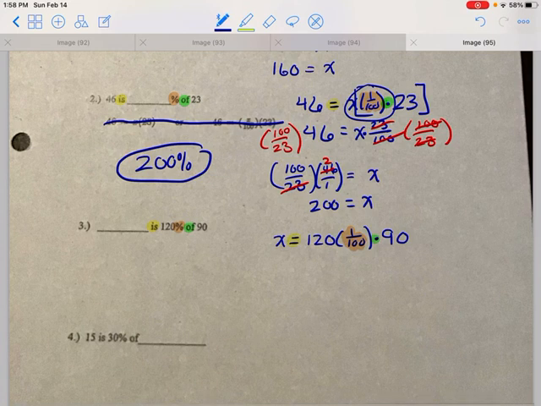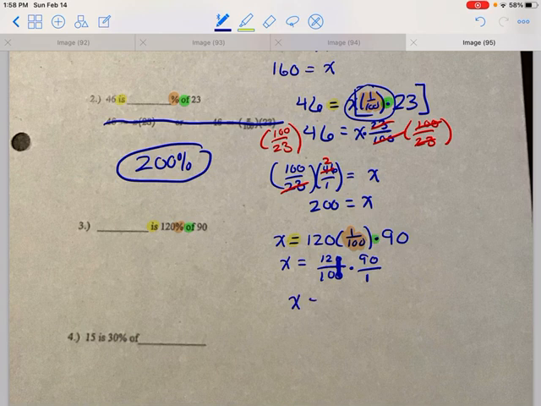All right, so here I have a decision, which whole number I want to put with the fraction. So let's just say I do this as 120 over 100 times, I'm going to do this as 90 over 1. I've got to decide where I want to reduce. I could do this.